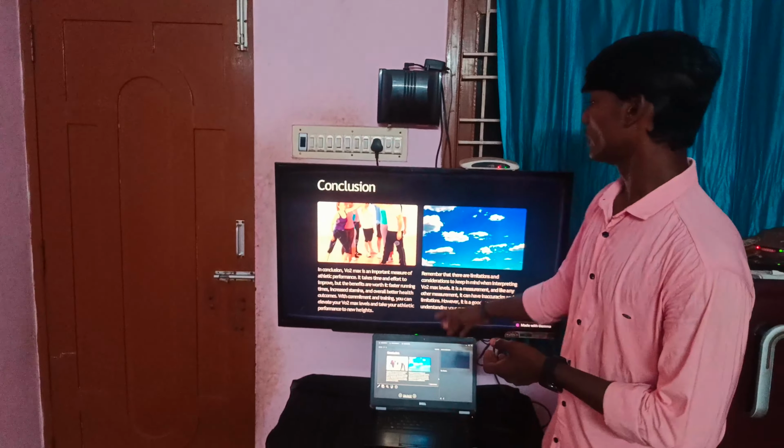VO2 max basically leads to a healthy and fit life. Once VO2 max lags, people tend to get health issues and more heart diseases. So remember the limitation and the consideration to keep in your mind.